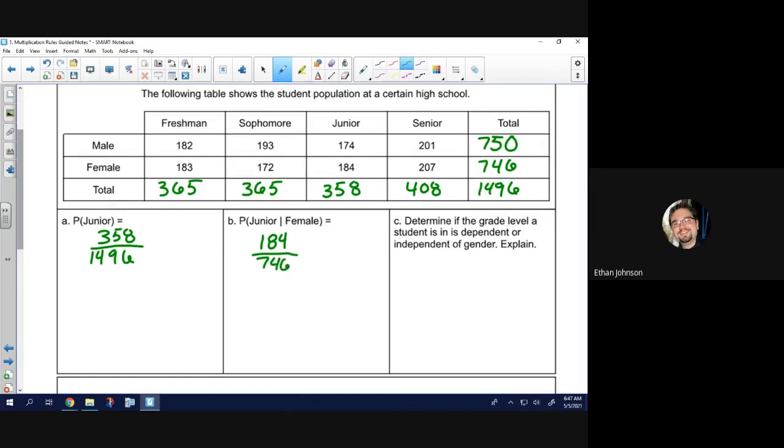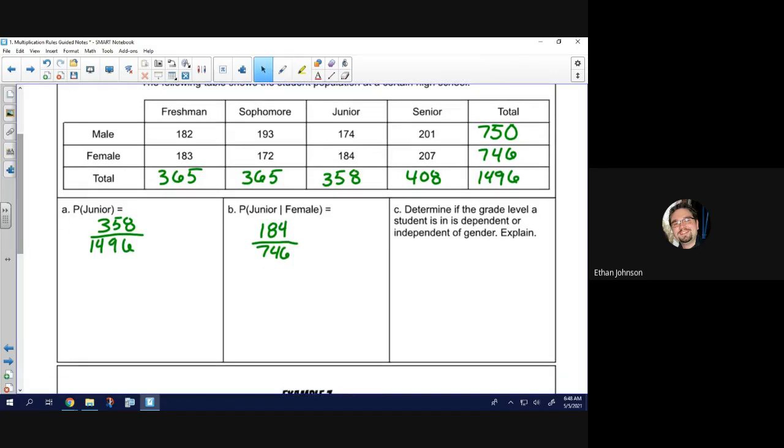And then C, determine if the grade level a student is in is dependent or independent of gender. Well, once again, those two probabilities have to be equal. So, if we get them as a decimal, we roughly get for the first one 0.2393. Second one, we roughly get 0.2466.